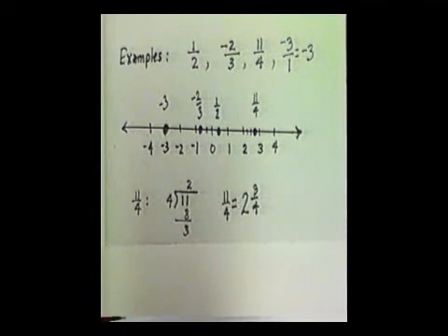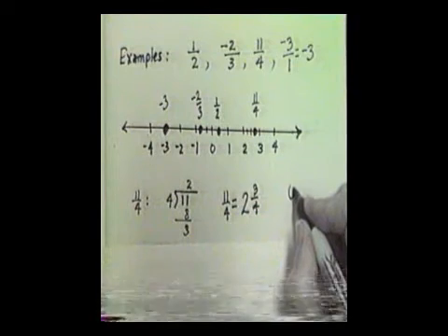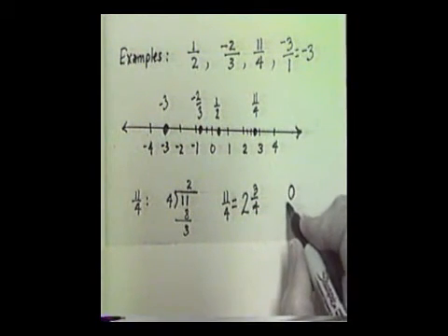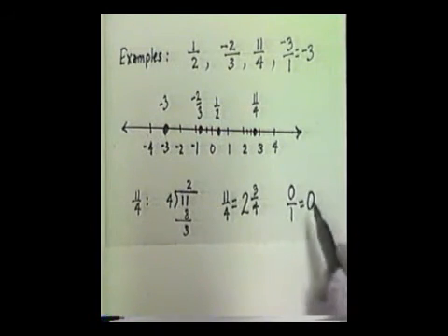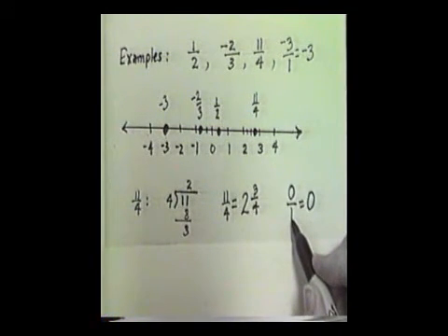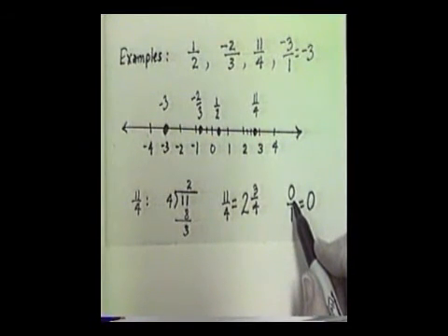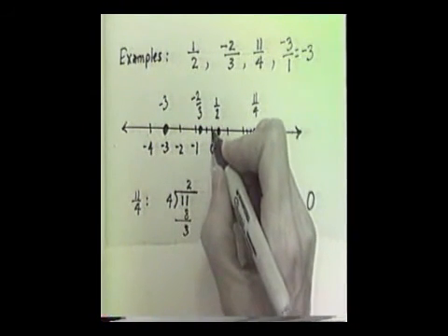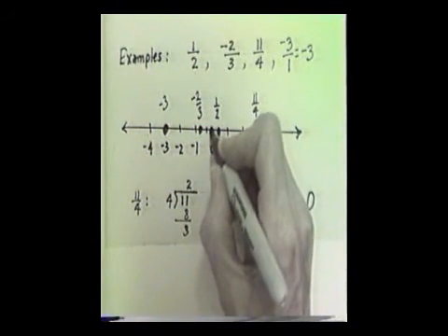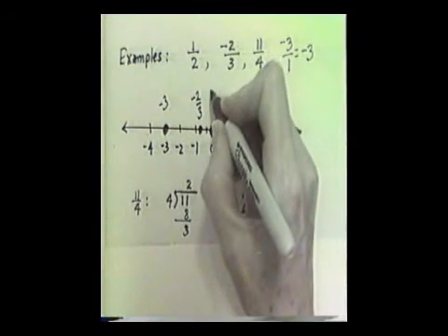One more example of a rational number is the rational number 0, which we can write as 0 over 1. Notice that the denominator is not 0. Our definition says the denominator can never be 0, but it's fine for the numerator to be 0. And so the rational number 0 can be placed on the number line, and here is 0.